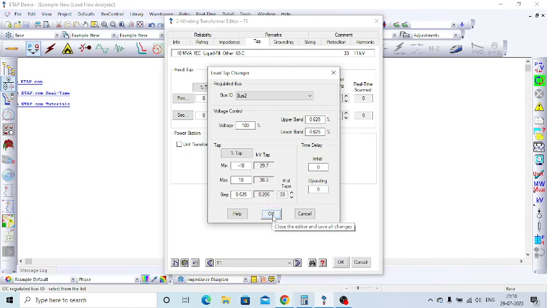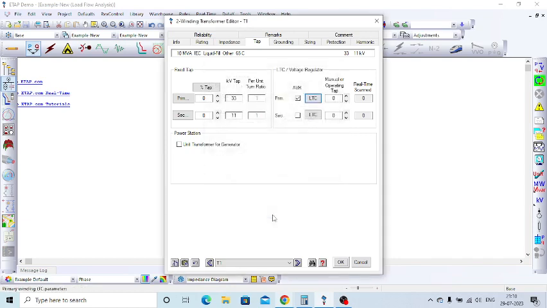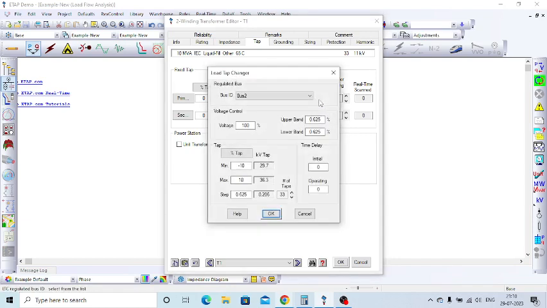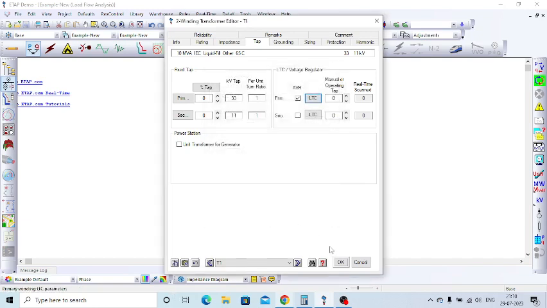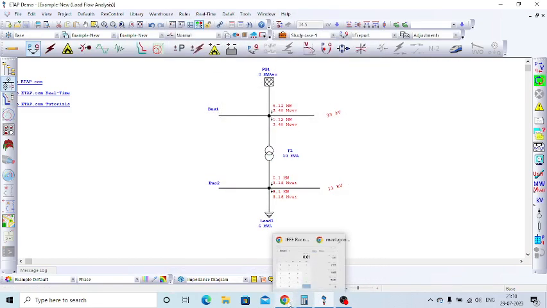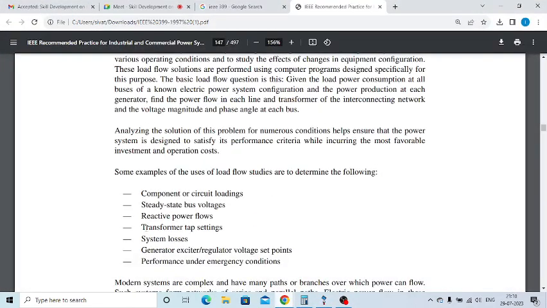That is the recommendation we will give. Suppose we are not able to maintain the LV bus voltage at 11 kV with this plus or minus 10 tap, we will increase it to 12 or 13 or 14 or 15. That tap position we have to give. So that is one of the objectives of the load flow analysis: the transformer tap setting.